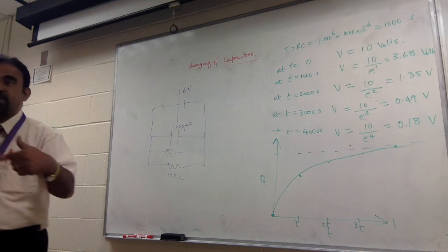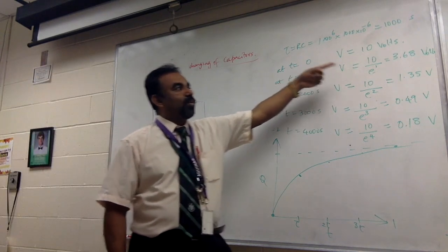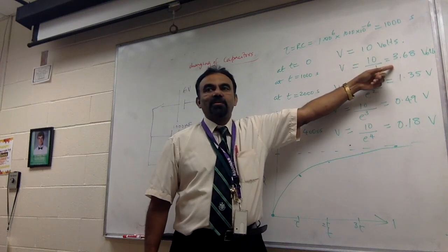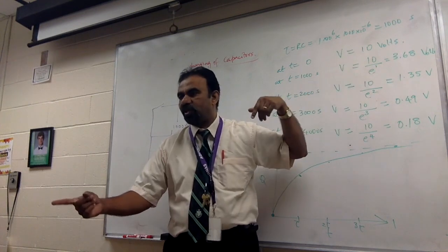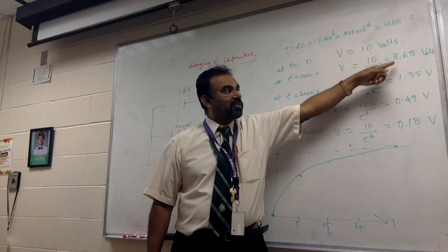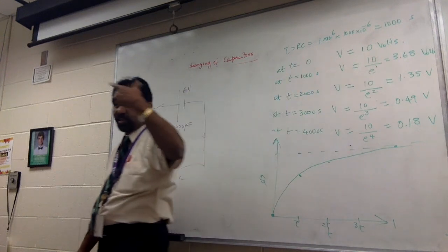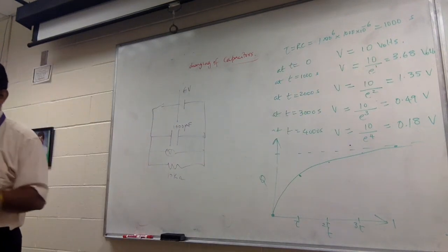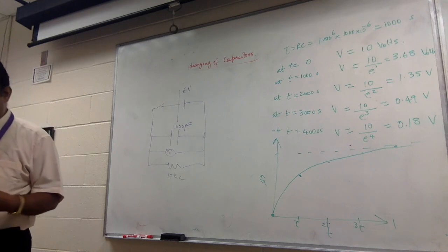So after every 10 seconds, the voltage is supposed to go down from almost 10 to 3.68. So you can monitor the time if you want, and you can see how it's going down.